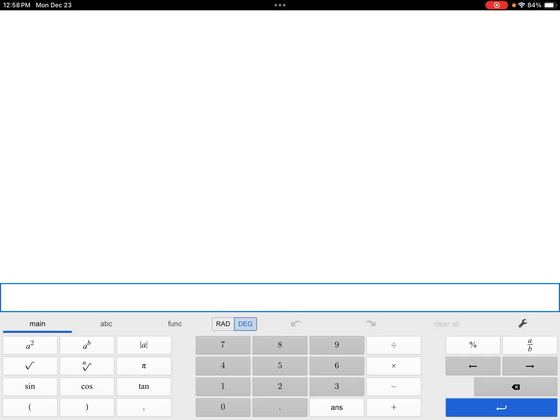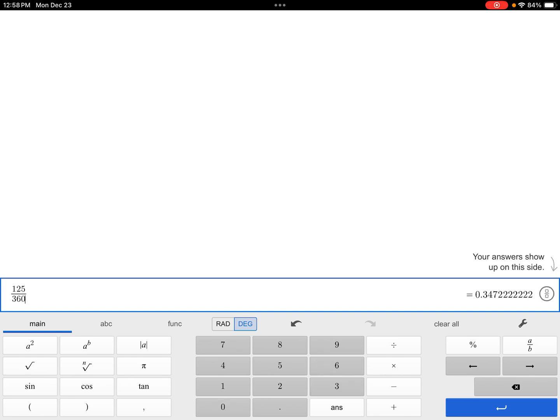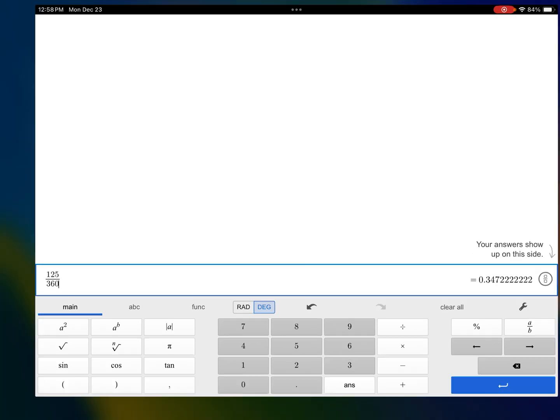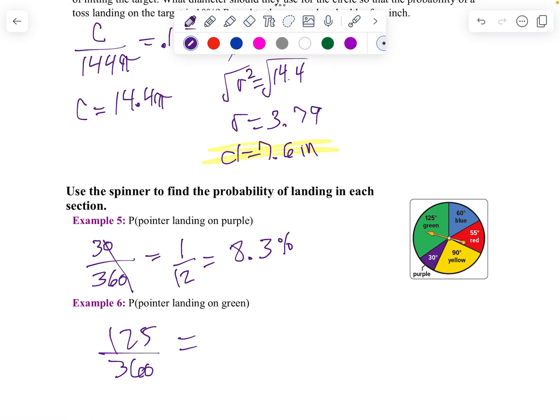So if I take 125 divided by 360, I'll get about 35%, won't I? Or 25 over 72, but I like 35% a lot better. That's easier to understand.